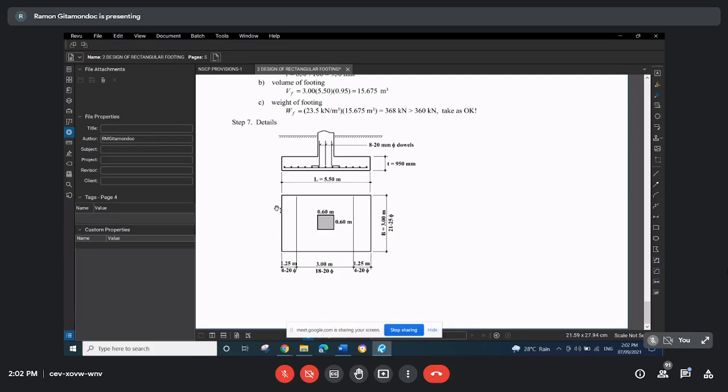So we show in the detail the plan dimension, 5.5 by 3 meters. Then we show the column location in relation to the footing. Then we show the arrangement of the steel reinforcement. Then of course, in a more complete detail, we also indicate the depth of embedment of the footing.